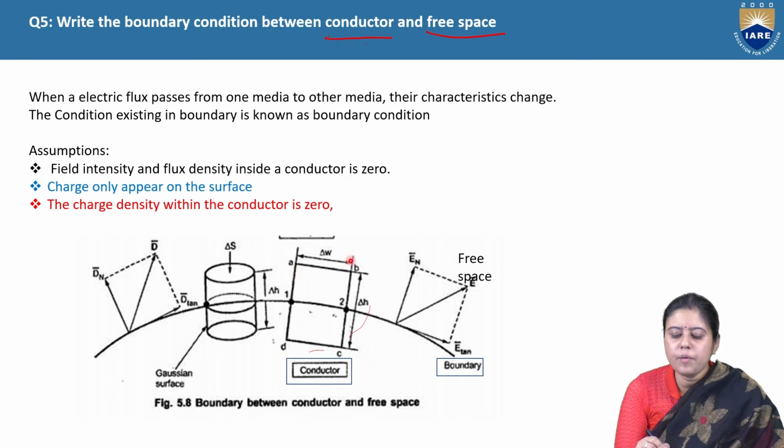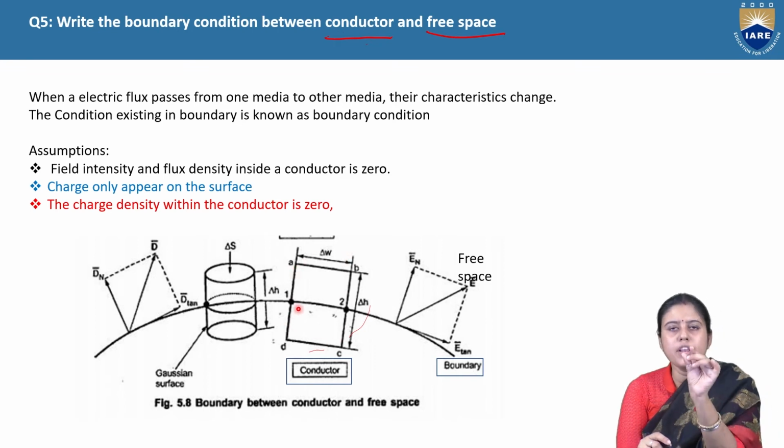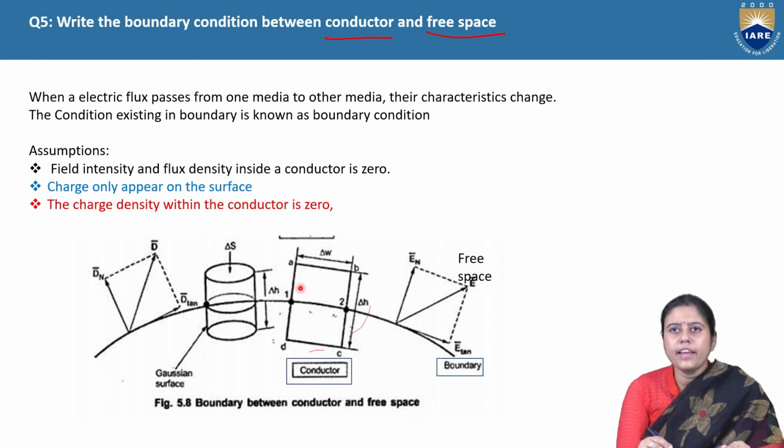If we take a small portion, we can take it like a rectangular area, or a Gaussian surface. A Gaussian surface usually means cylindrical, but here we will go for the rectangular coordinate. So we take a small rectangle.